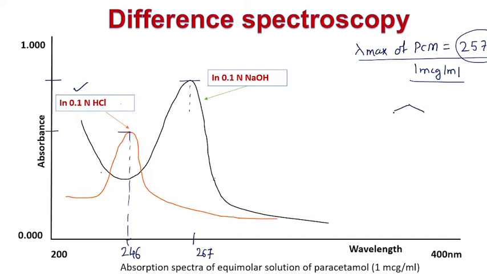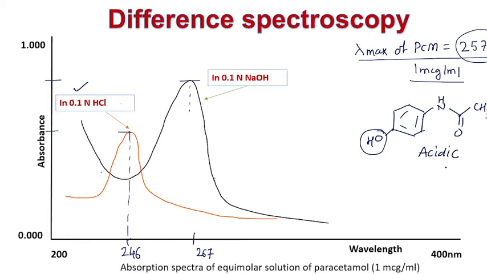You know the structure of paracetamol. It is a benzene ring, then you have a phenolic OH, then you have an NH, then C double bond O and CH3. So this is the structure of paracetamol, and this is a phenolic OH. This phenolic OH can be easily ionized, so the nature of paracetamol is acidic. So if I take an acidic drug and make its solution in alkaline pH, what will happen?